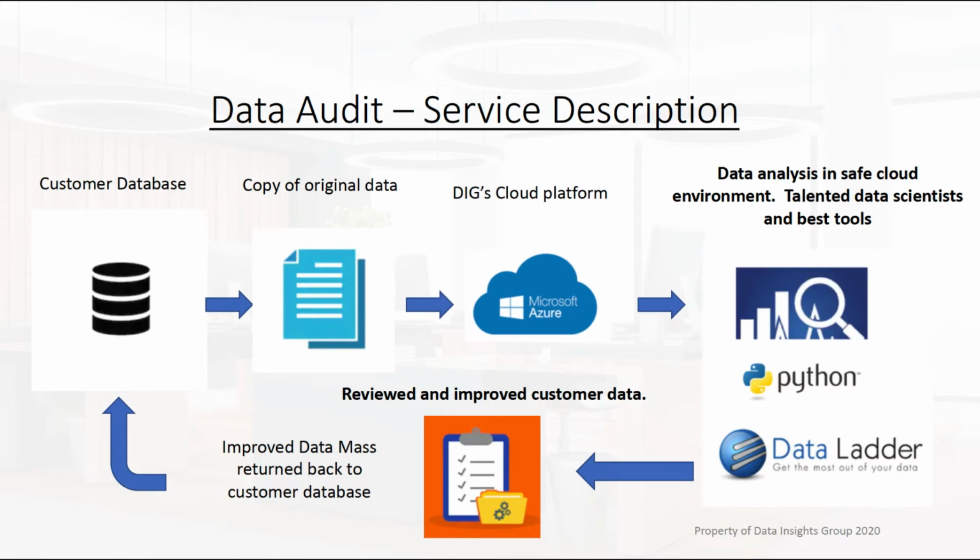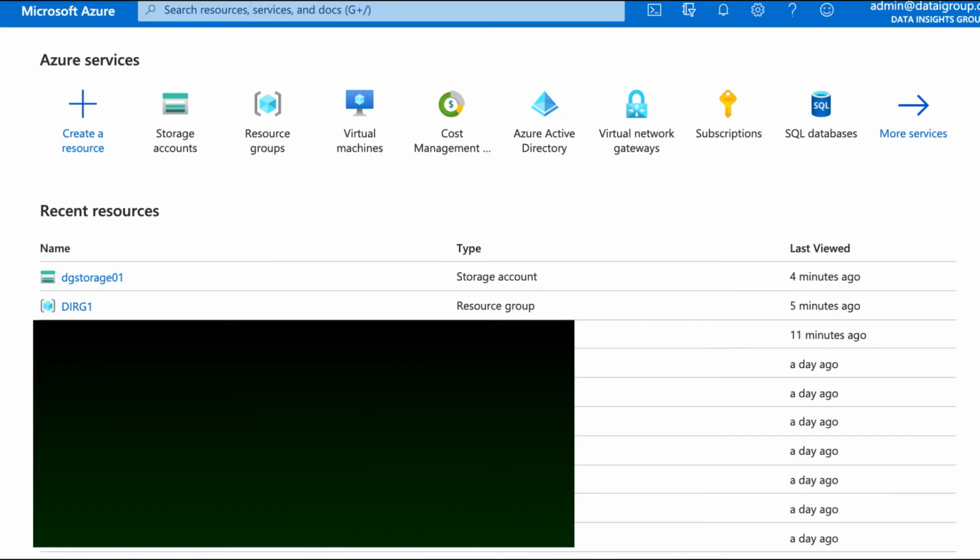Next, let's take a look at our cloud. Here you can see our basic home page. What in the previous slides were meant to be data silos are resource groups in Azure.